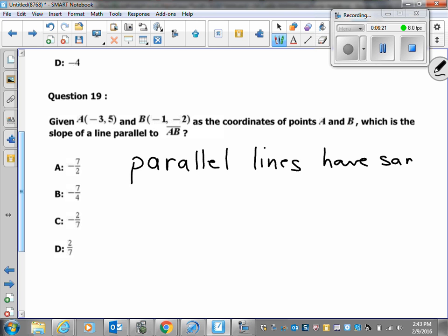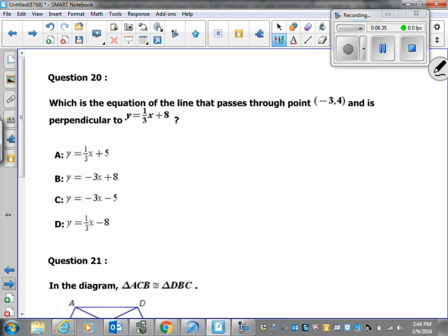Same slope. So knowing that, the same thing we did with number 18, find the slope of AB by using y2 minus y1, and then it's going to be the same slope, which is the equation of the line that passes through -3 and 4 and is perpendicular to it.